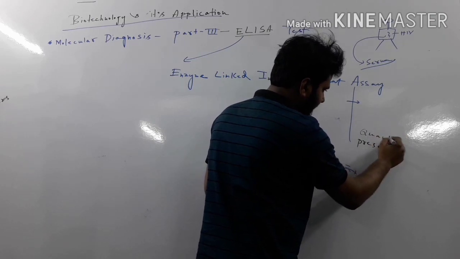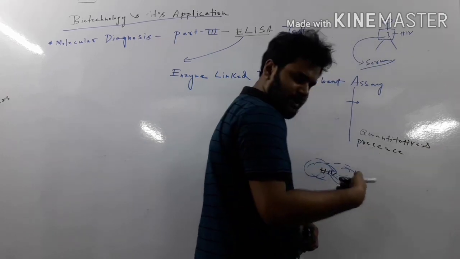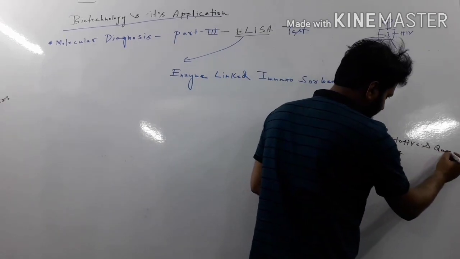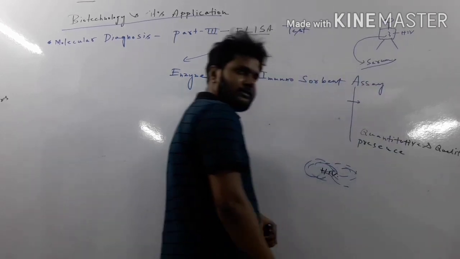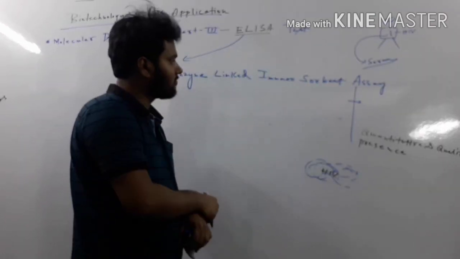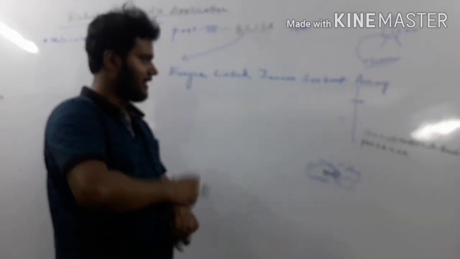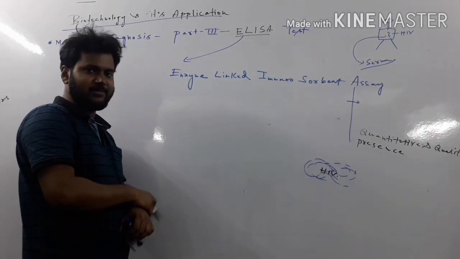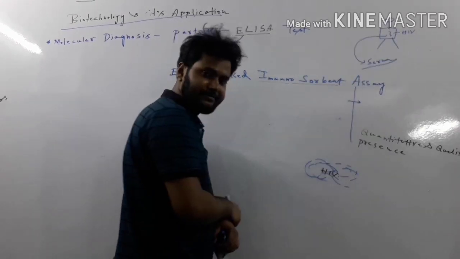So quantitative and qualitative, which type of antigen is present there, that information can also be got from an assay. So ELISA is basically one type of assay, and it is not a simple assay, it is an immunosorbent assay.